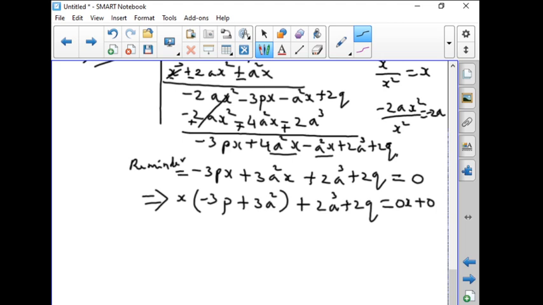As we saw in the beginning, two polynomials are equal if and only if the coefficients of the same powers of the variables in the two polynomials are equal.